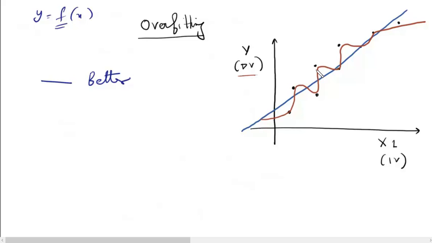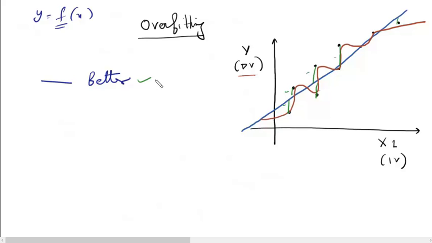So if I plot the errors of the blue model, these values are the errors. Some errors are positive, some are negative, but it definitely has some errors. Whereas the red model almost passes through all the points and the error is zero. But still I say that the blue model is better.